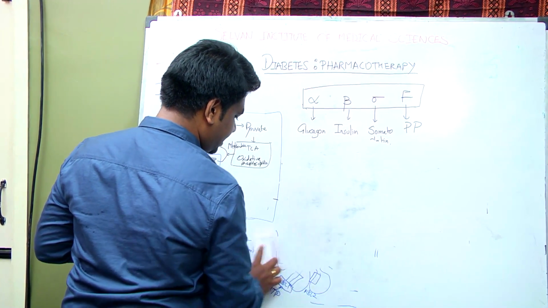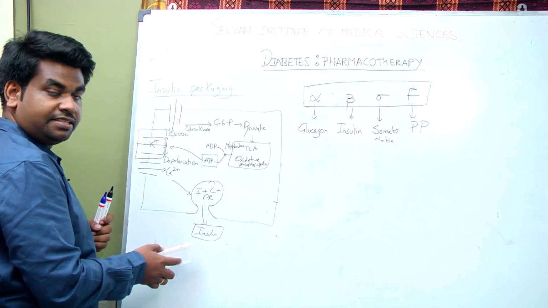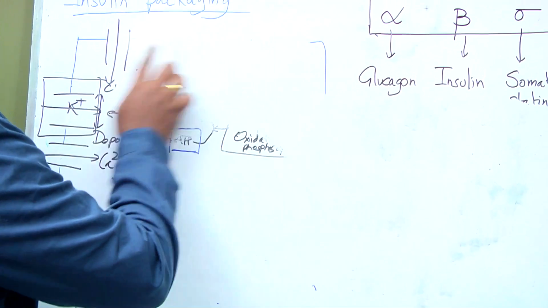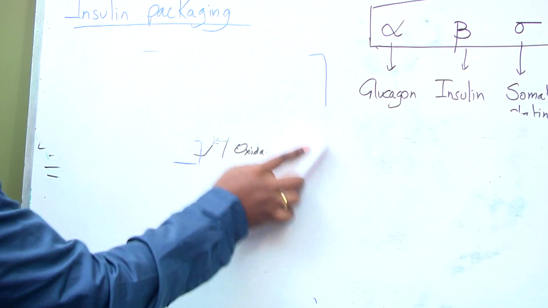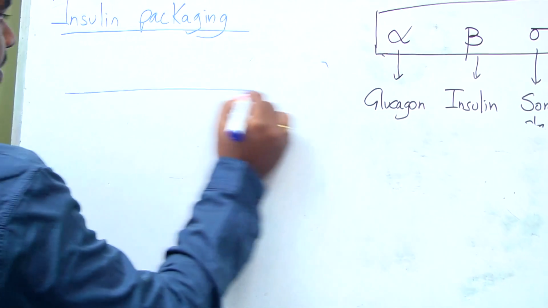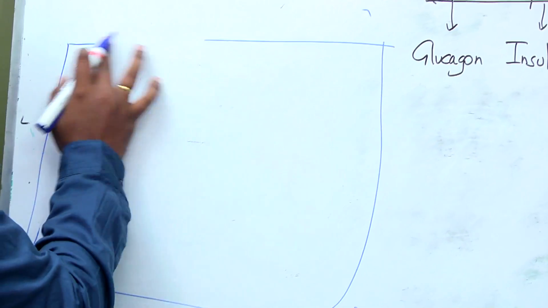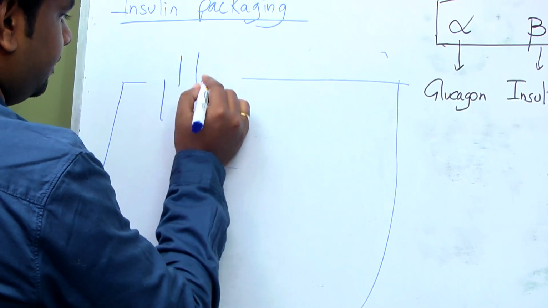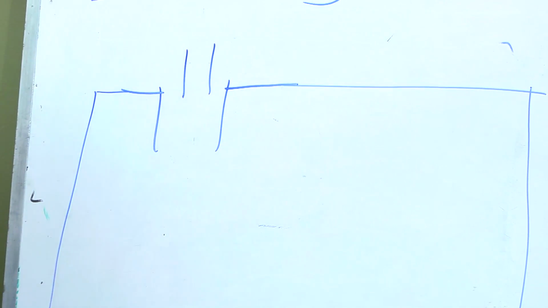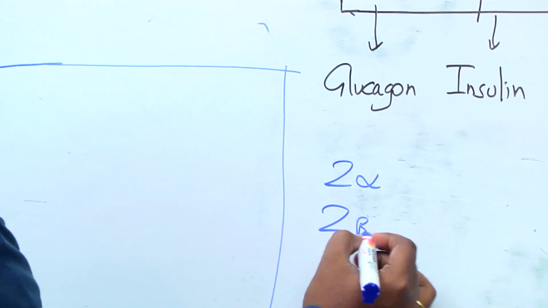So now in the next step, we have got insulin, right? So now we'll be seeing how this insulin goes and acts on its receptor and how it shows its action on a cell. For example, you imagine this is a cell, okay, where you have an insulin receptor. This insulin receptor consists of 2 alpha subunits and 2 beta subunits.